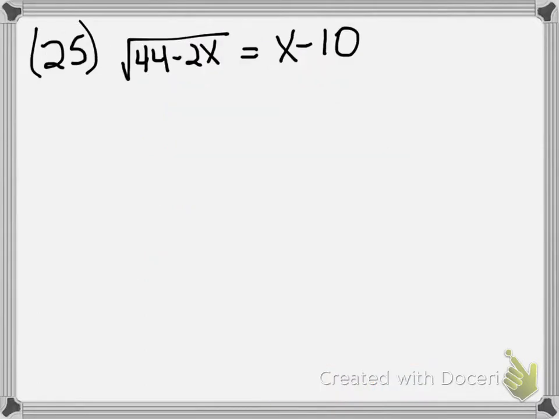Alright, number 25, we do have an isolated square root, so we're going to go ahead and square both sides from the very first. Notice that this puts x minus 10 squared, but it's in parentheses.